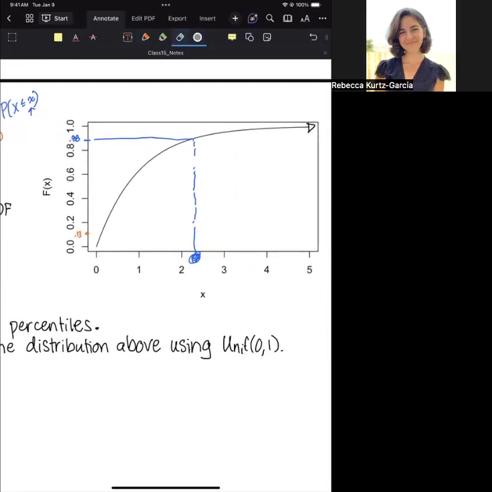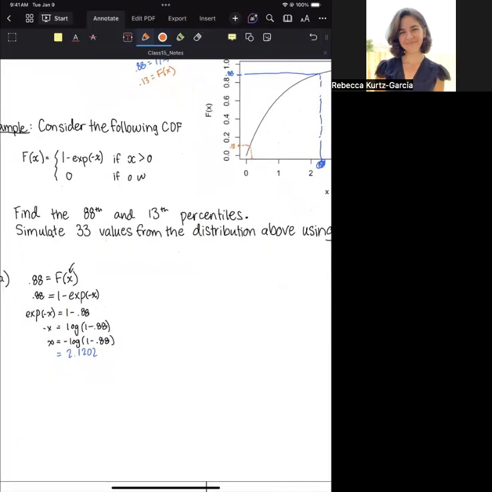Then I ask, what value x gives F of x equal to 0.13? It follows the same steps: I set 0.13 equal to F of x, which is 1 minus exp of negative x, and solve for x.